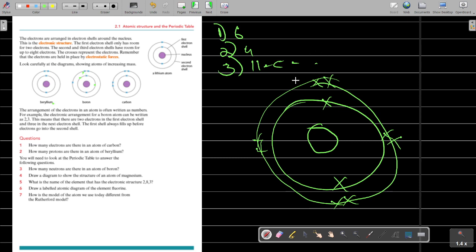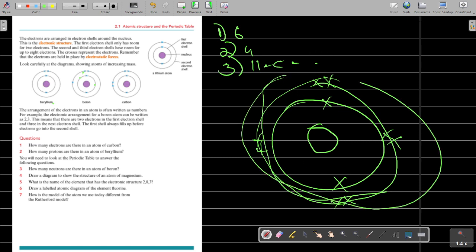We have finished 10. We should fill 12, so 1, 2 more. Or else you can put it like this also. So I have filled 12. This is the diagram.